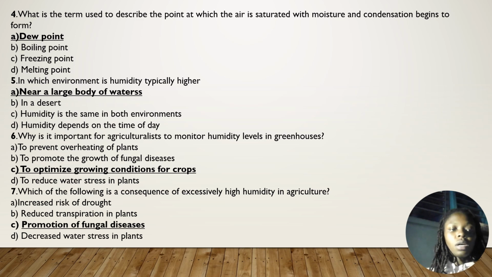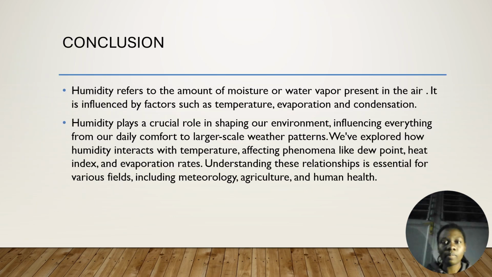The right answer is C, to optimize growing conditions for crops. Number 7, which of the following is a consequence of excessively high humidity in agriculture? The right answer is C, promotion of fungal diseases. Thank you. This is the end of the interactive questions.